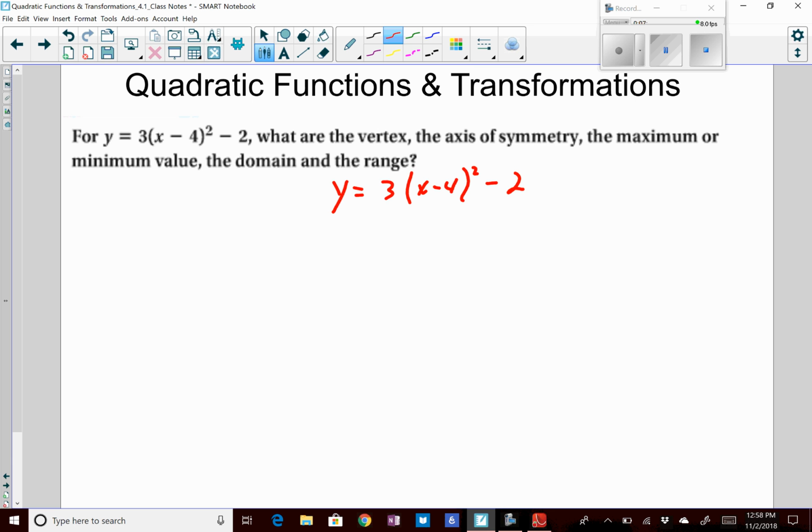So what we have to remember here is that for the vertex, we said the vertex is going to be the coordinates h and k. And in this equation, h is 4, k is -2, so our vertex will be 4, -2.